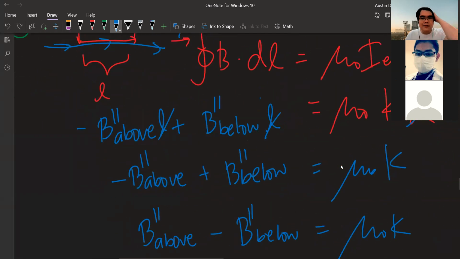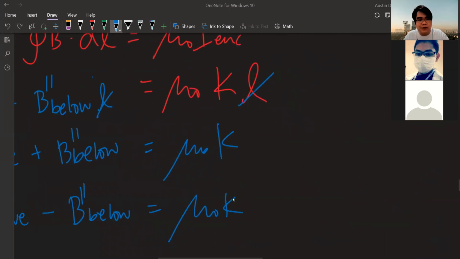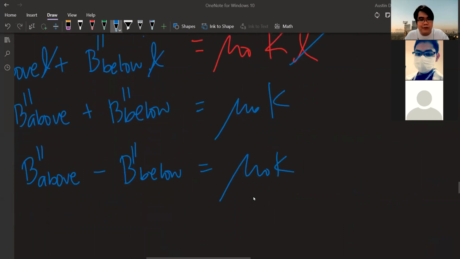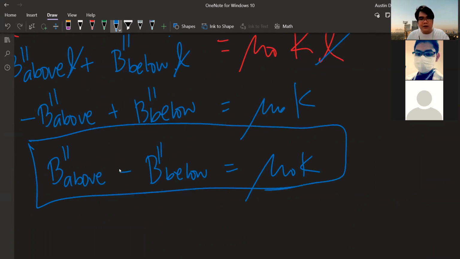Okay? Wag kayo malito. Basta ang mahalaga is yung difference nila would actually amount to mu naught K. Okay? So, mas madaling sundin ito, para ina-assume na positive yung K. Okay, dito negative yung K dito.